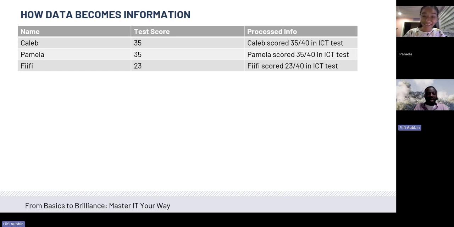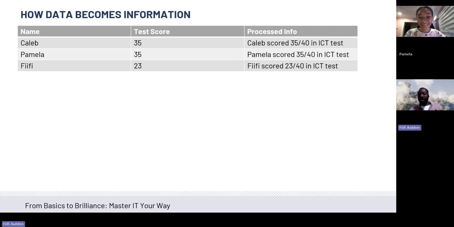But if I only give you name and test score, you don't know for which example. Then Pamela scored 35 out of 40 in ICT test, and Safifi scored 23 out of 40 in ICT test. You see? So at least it's clear now.